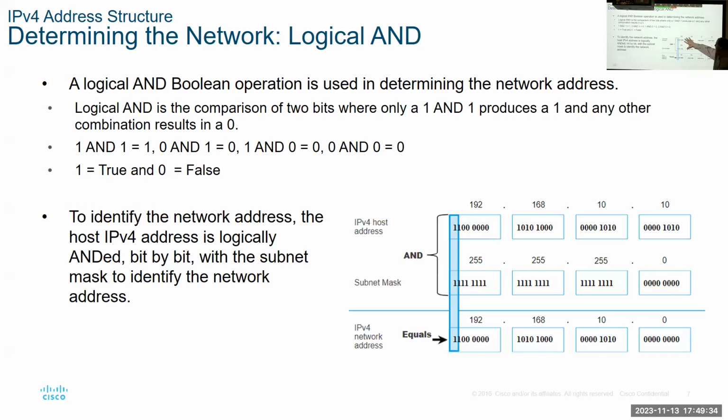It's letting the network ID through. So with this IP address 192.168.10.10 and a /24, or 255.255.255.0, the zeros mask out the host portion of the address so that what falls through when you do a binary AND is just the network ID. That's the reason they call it a subnet mask.